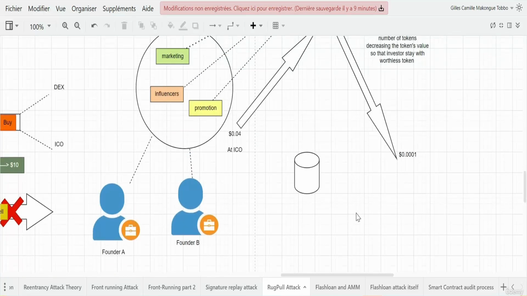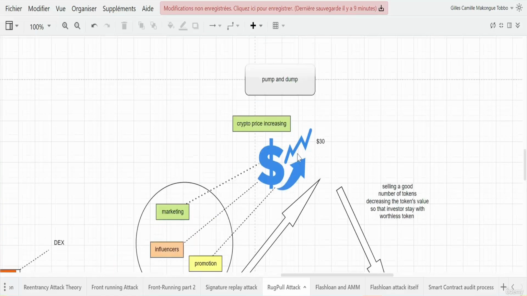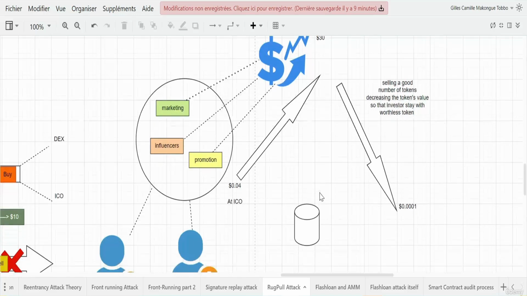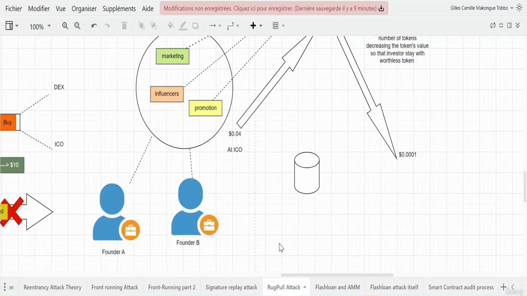Let's say we have some founders. This is a project, and they are going to manipulate the price, and you need to understand that.